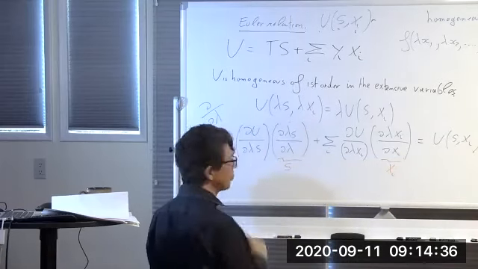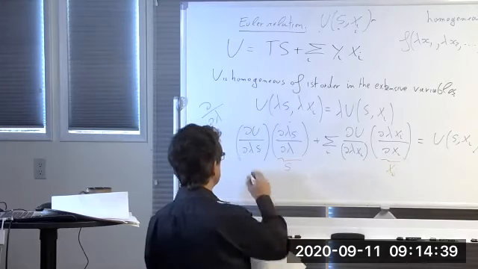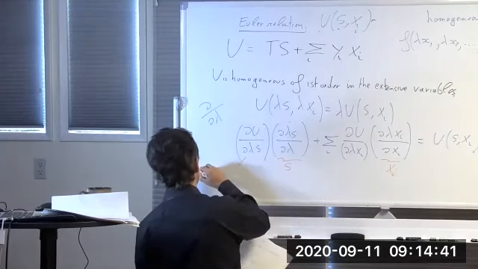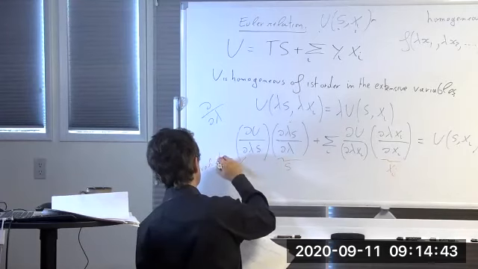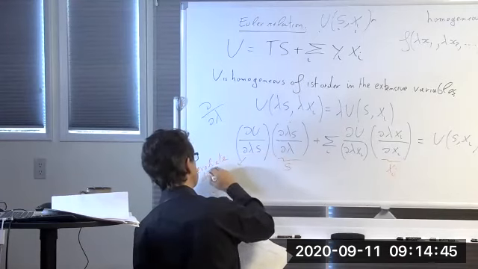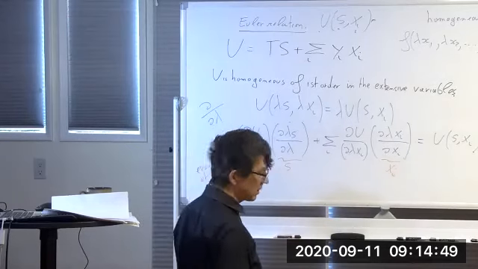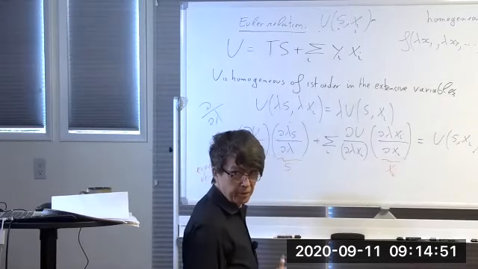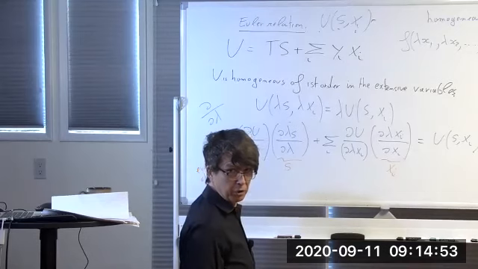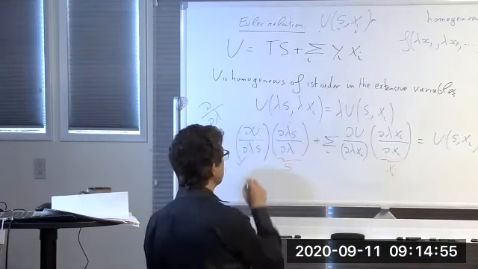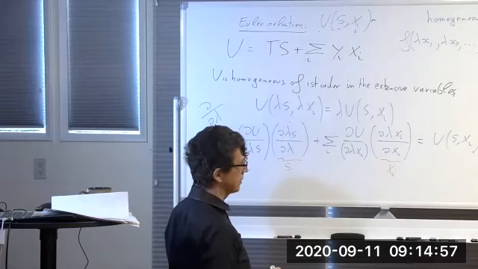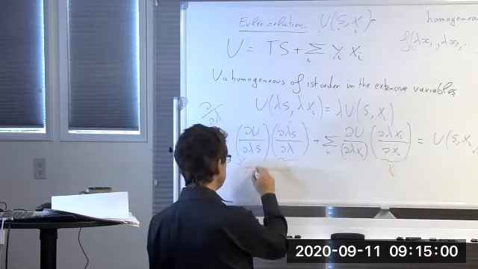And this here, since lambda is a parameter, I'm just going to evaluate it at lambda equals 1, because this has to be true for every value of lambda. And then I have dU dS here. And what is that? dU dS is equal to T, right?